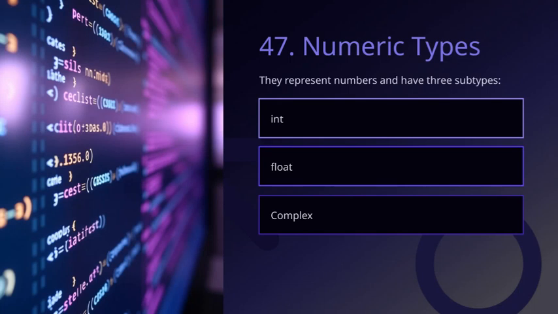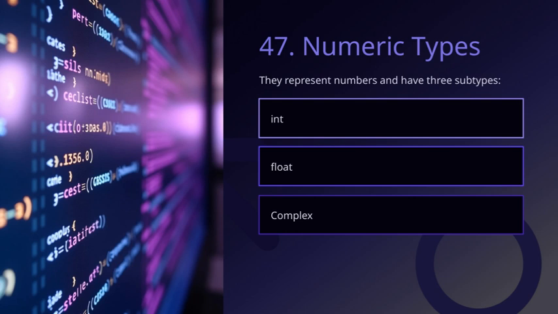All right, let's talk about numeric types. When we deal with numbers in programming, we mainly have 3 types: float, int, and complex. Float stands for floating point numbers, which are used for decimals or real numbers. Int is short for integers, so whole numbers without any fractional part. Then we have complex numbers, which include a real part and an imaginary part, and they're especially useful in scientific calculations.